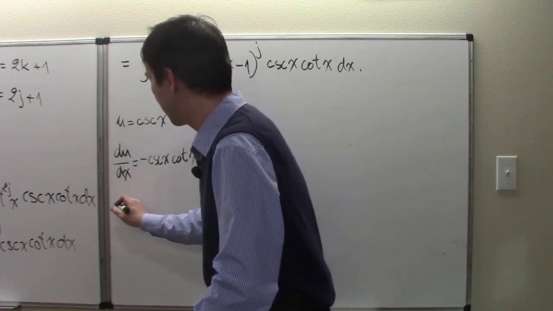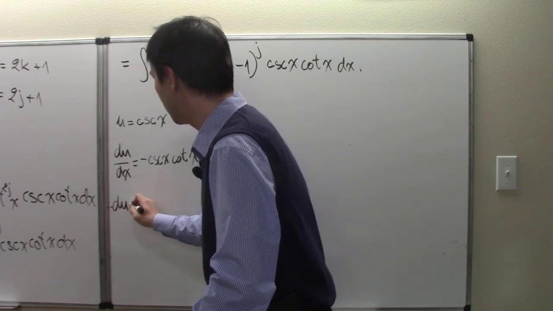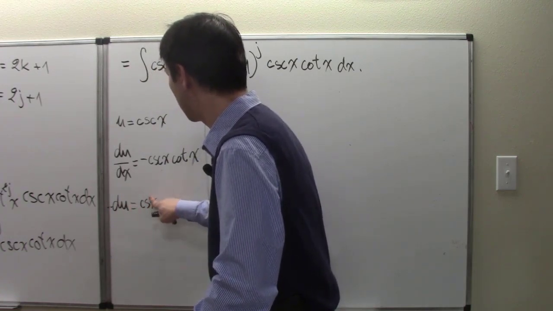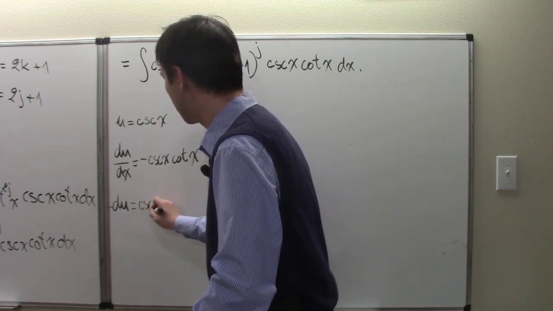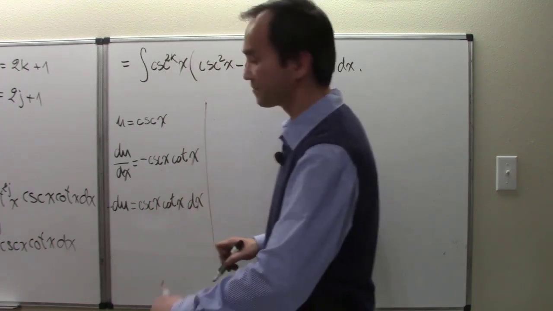Or I can rewrite this as negative du equals cosecant of x times cotangent of x with the dx.